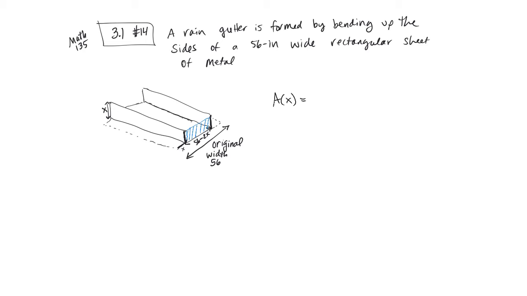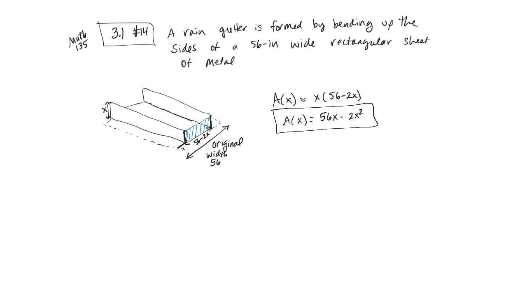And that would be length times width, or base times height, however you want to label it. So it would be x times 56 minus 2x. So we would have 56x minus 2x squared. That's the first part: find a function that models the cross-sectional area of the gutter.